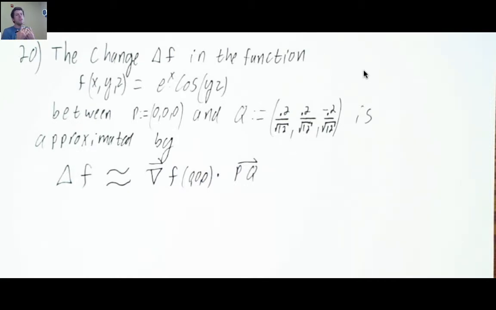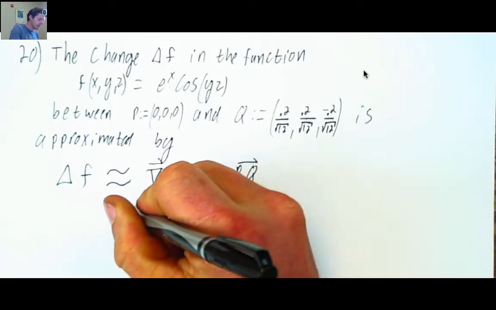For me, delta f and df mean very different things. df is infinitesimal, delta f is the change in f, and I have always kept those things separate in my mind. So, delta f, the change in f, not an infinitesimal thing, but a macroscopic thing, is this dot product. Let's go ahead and evaluate this.